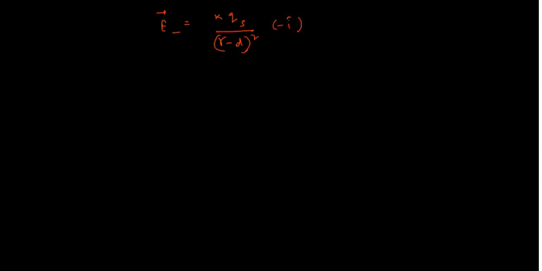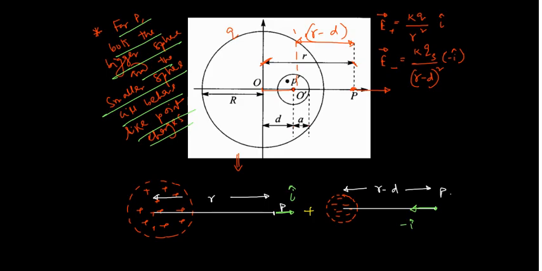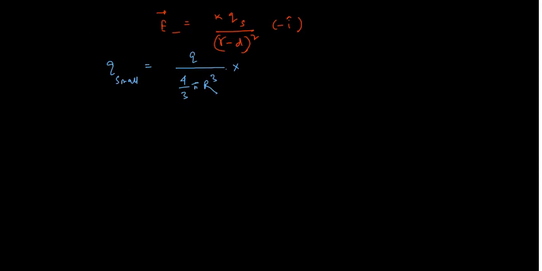What you have to figure out here is the value of Q small, or Q S, whatever we have written. We will distribute uniformly: Q divided by the total volume 4/3 pi capital R cube, into the volume of the smaller one. What is its radius? Can you check? It is given to be small a. That is the radius of this smaller one. So I'll simply write 4/3 pi into a cube.